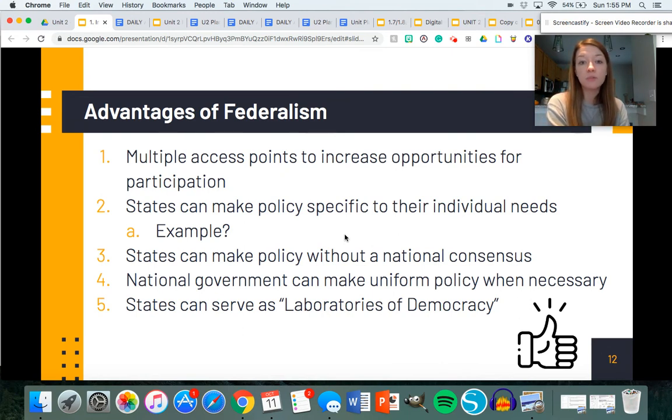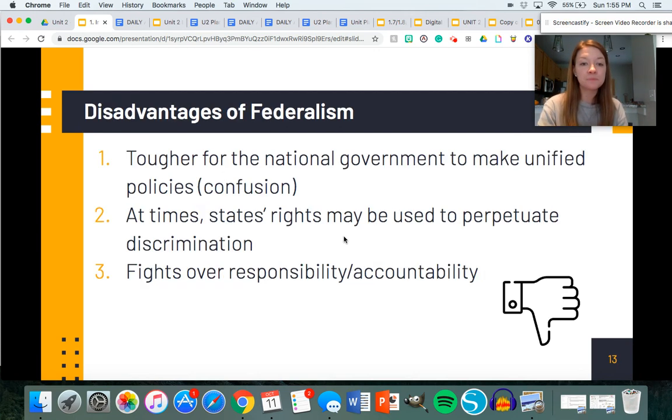Is this something that is manageable? Does it increase crime? Does it decrease crime? What is happening at a social and economic level? So the national government and other states can weigh those pros and cons when it comes to these kinds of experiments. So that can serve as a positive as well.